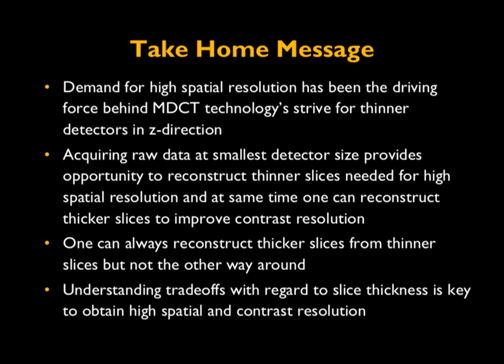So, one can always reconstruct thicker slices from thinner slices, but not the other way around. Therefore, understanding the trade-off with regard to slice thickness is key to obtaining high spatial and contrast resolution.